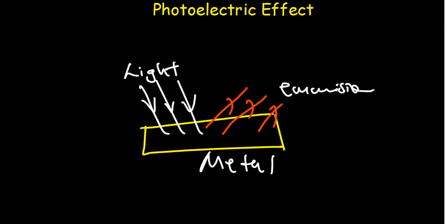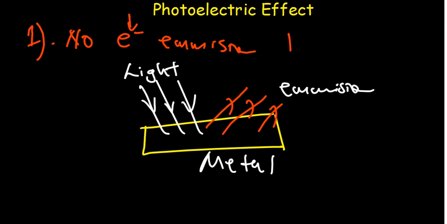The first thing you have to know, and you can take this down, is very important: there's no electron emission below the threshold frequency. Write this in full form: no electron emission below the threshold frequency.